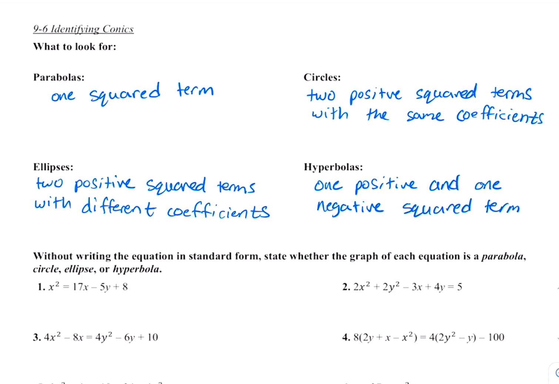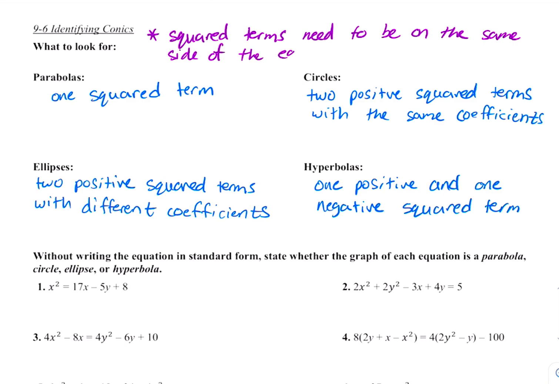So I'd make a note: squared terms need to be on the same side of the equal sign, and they also need to be simplified. If we have parentheses to get rid of or any like terms to combine, we will have to do that. But you do not have to go all the way through the completing the square process to tell which conic section we are working with.